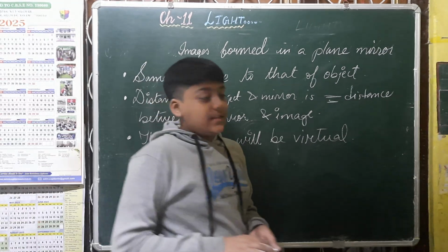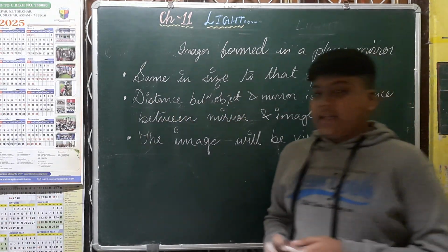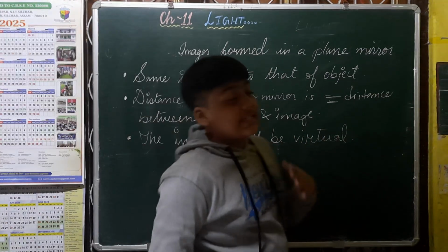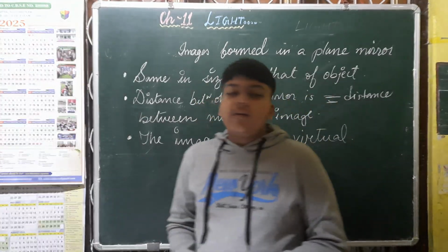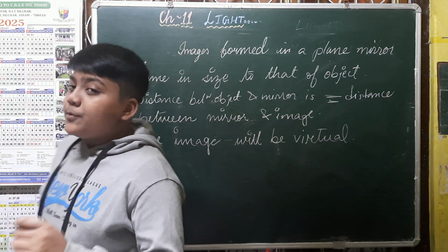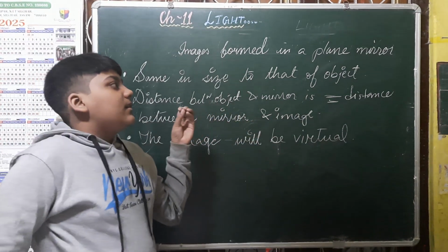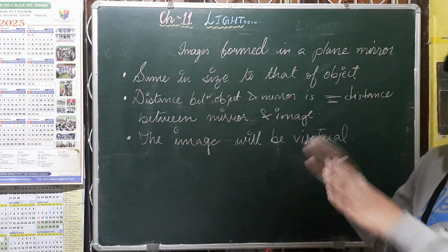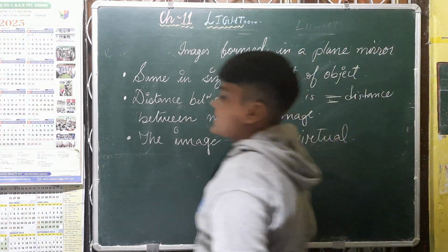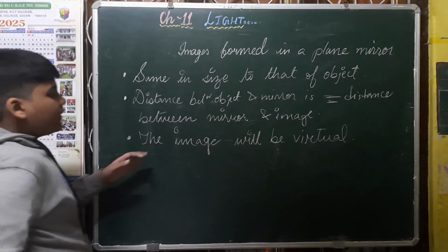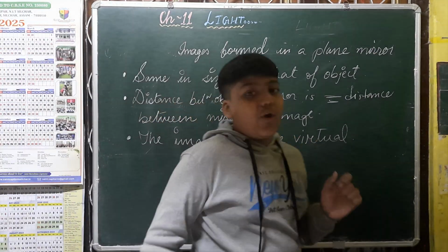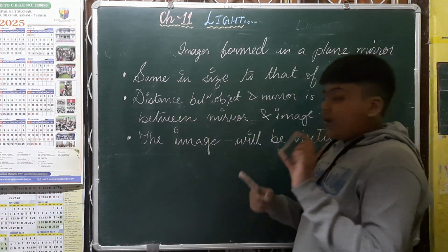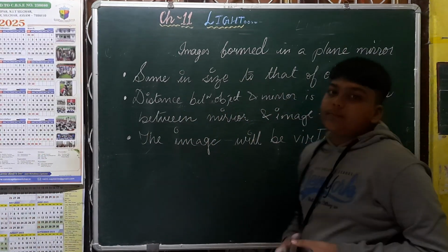Virtual is the image which cannot be obtained on a screen. You cannot take this image upon a wall or any kind of screen. In projectors, the image is real because it is taken on the screen, on a white surface. And the plane mirror always forms a virtual image. The image formed in a plane mirror cannot be taken on a screen.